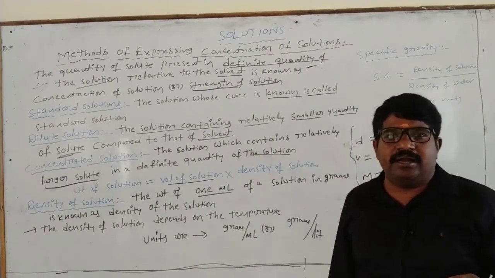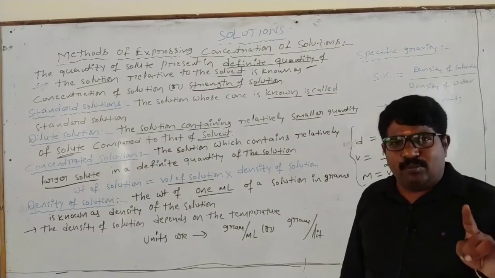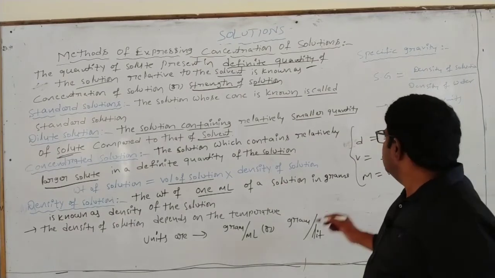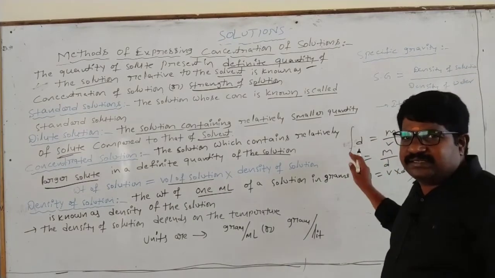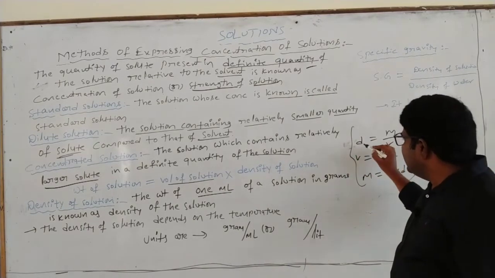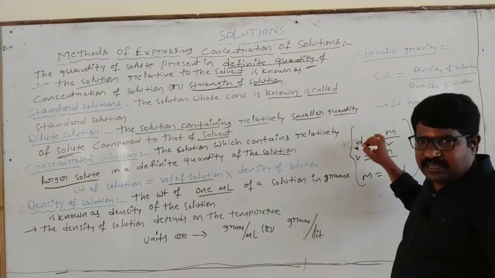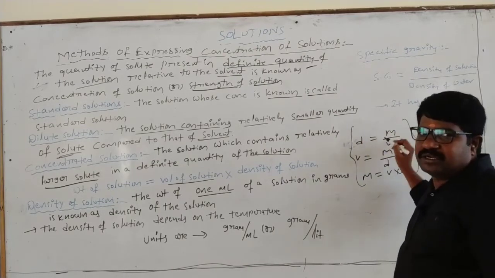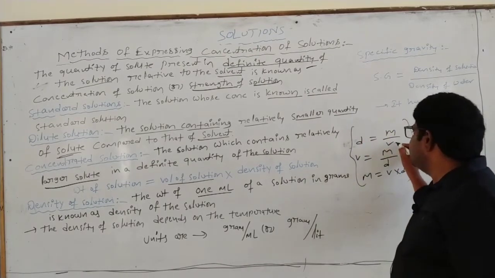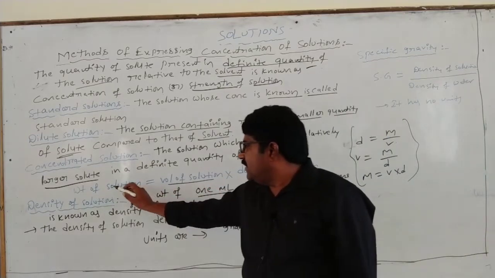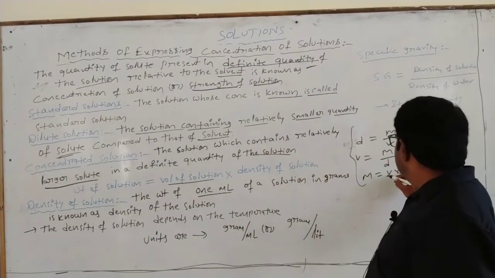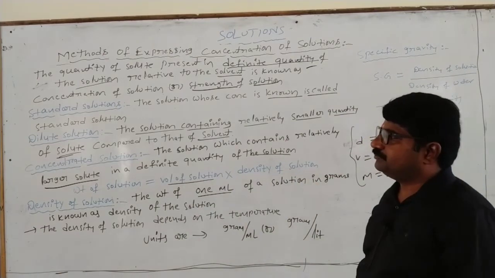We can calculate the volume of the solution when molarity and density are given. So remember these three formulas. Generally, density is mass by volume; here D is the density of the solution, M is the mass of the solution, and V is the volume of the solution. Based on this, the weight of the solution is the volume of the solution times the density of the solution.